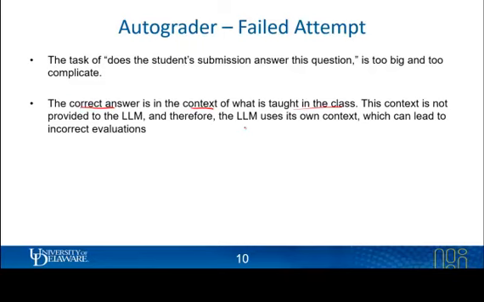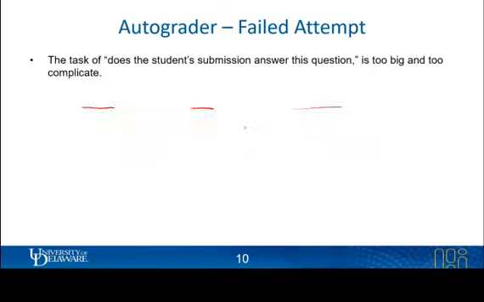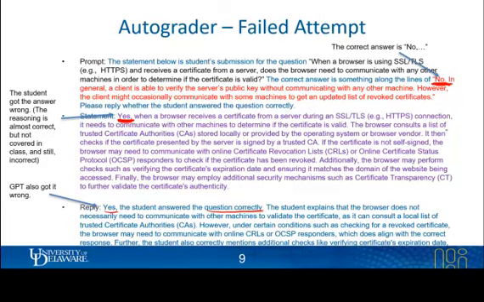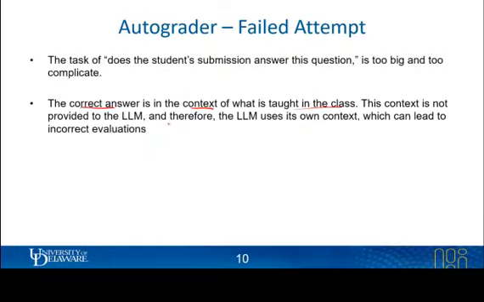So it's hard for it to focus on the context of the class. Looking back at this, a lot of what's written here is correct, but the final conclusion of yes is wrong. Depending upon the context, there is some accuracy in that answer, but the final conclusion is wrong.